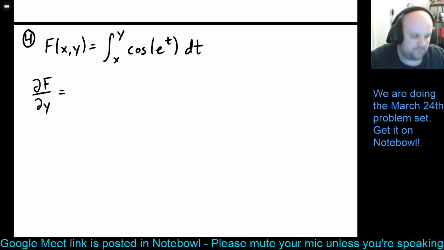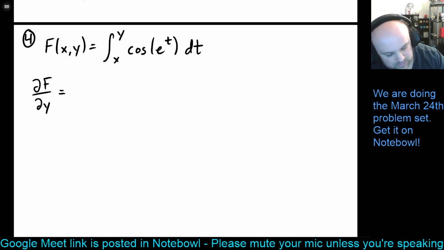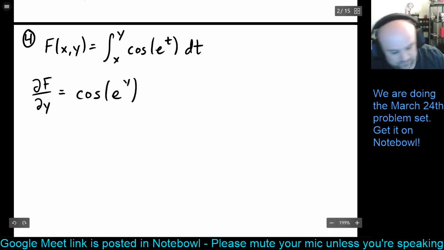So you might remember, from 135 or whatever Calc 1 you happen to take, that if you differentiate an integral like this one here, as long as you have the variable you're differentiating in the top and a constant in the bottom, then you just take that variable and plug it into the function on the inside, right? Which in this case is, if we differentiate with respect to y, we have our y up top here and we have a constant here, so we just plug that in. Cosine of e to the y, right? And that's it.